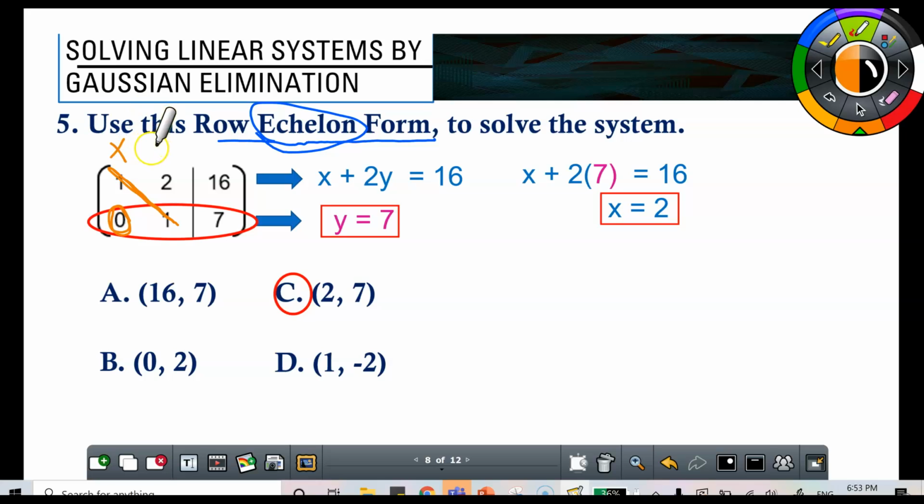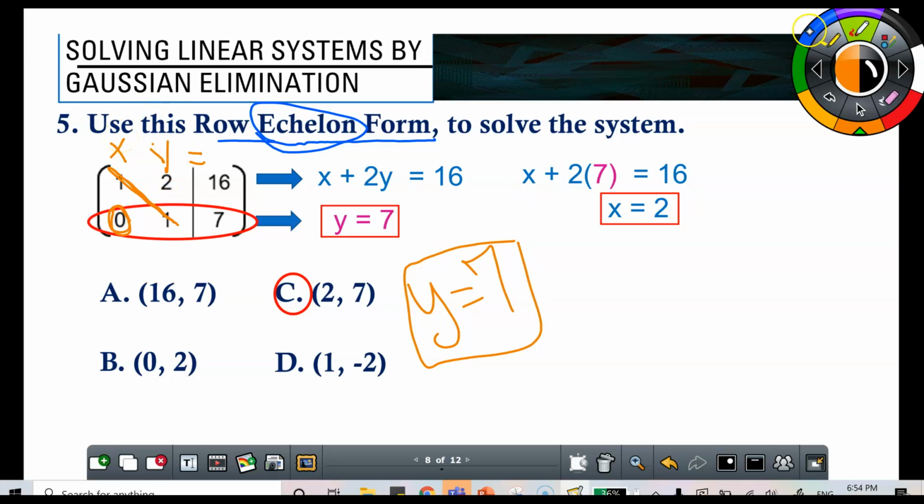First column variable x, second column variable y, equals sign on the other side, right? And for the second equation, you only have variable y. So 1y equals 7. So y equals 7. You don't need to even solve it, right? And when you know y equals 7, plug it back into the first equation.